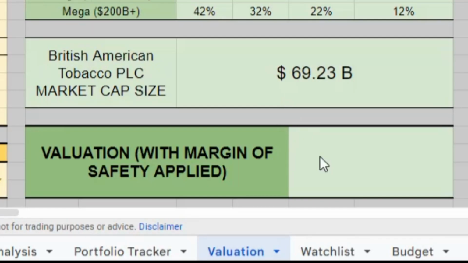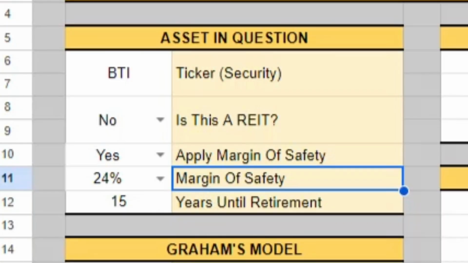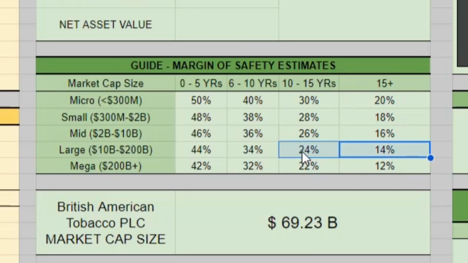Under the final valuation, this valuation will have an applied margin of safety compared to the average valuation, averaging these three valuation metrics. And applying a margin of safety, we're going to float between 14 and 24%, but we'll get to that at the end of the video.